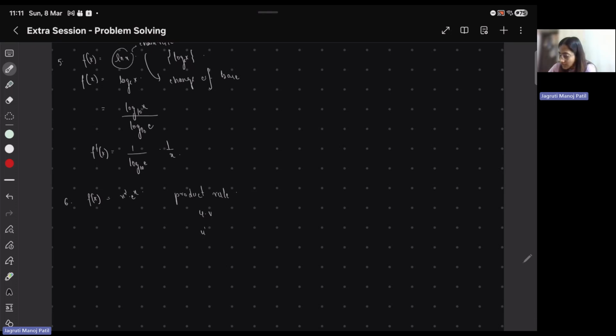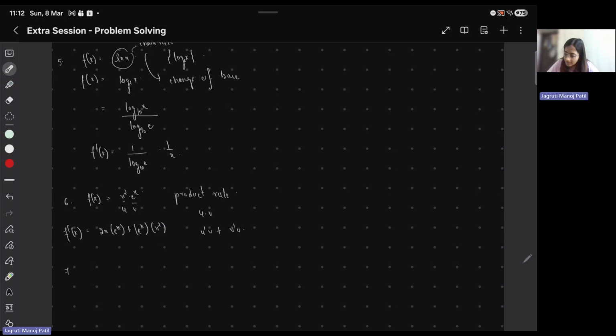This would be u dash v plus v dash u. So here, for f of x, the first one is u and this is v. Any random choice works; the second can be u and the first can be v. First let's derive u, keeping v constant, plus derive v, which is e raised to x only, keeping u constant. That's it. There you go. That's your answer. That simple.